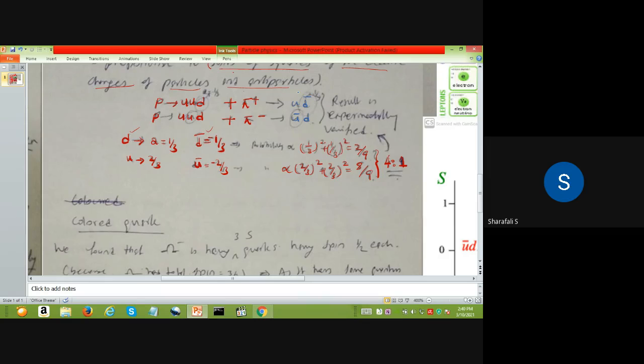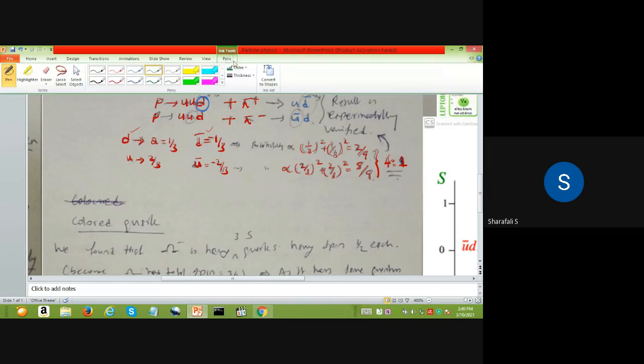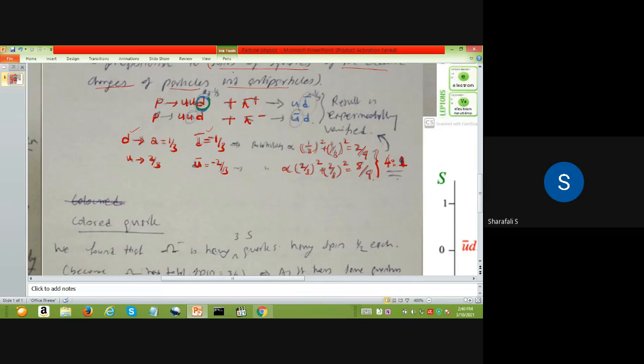Okay. So what is actually happening? This d changed to d bar here, and here we have this u bar. So basically, the change happens between these two quarks, d to d bar and u to u bar. Okay, so because of that, we have this kind of calculation.